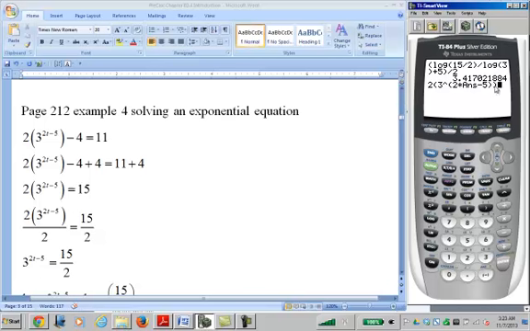We got 2, 2, 2, 2, minus 4, and that should equal 11. And it does. So we know our answer is all right.